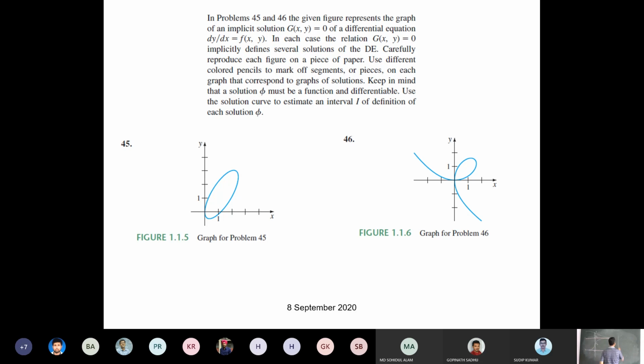For example, here, this one, something like this. If you draw some vertical line, then corresponding to one value of x, you are going to get two values of y. Okay, fine.